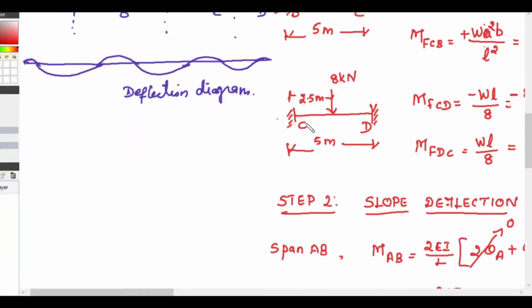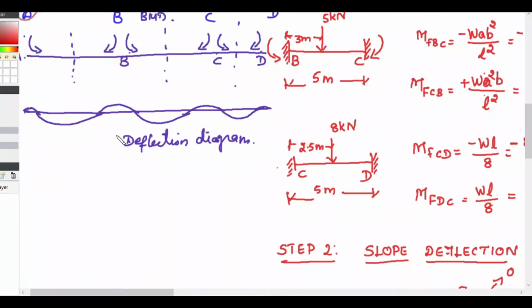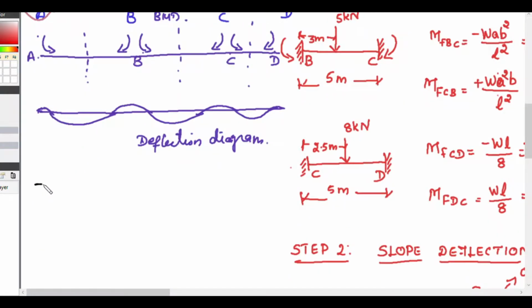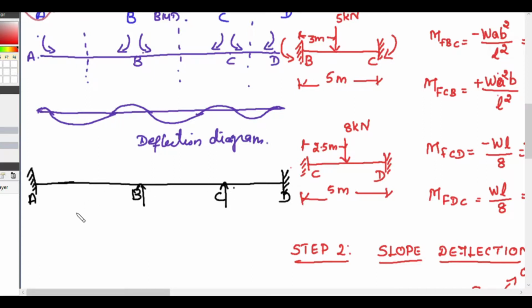So our given diagram is A, B, C and D. A and D are fixed supports, B and C are simple supports.